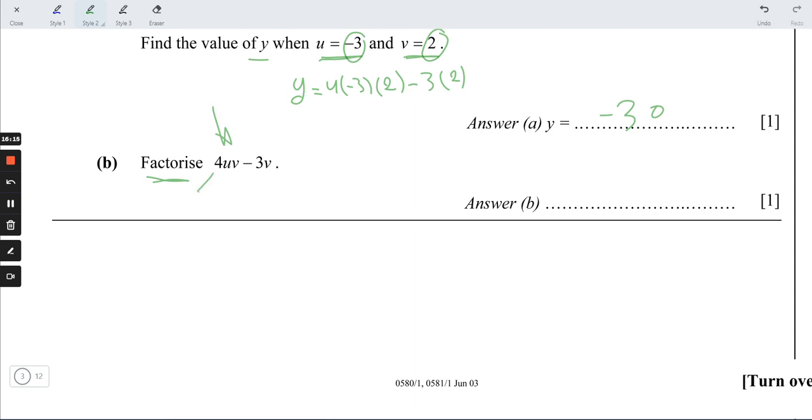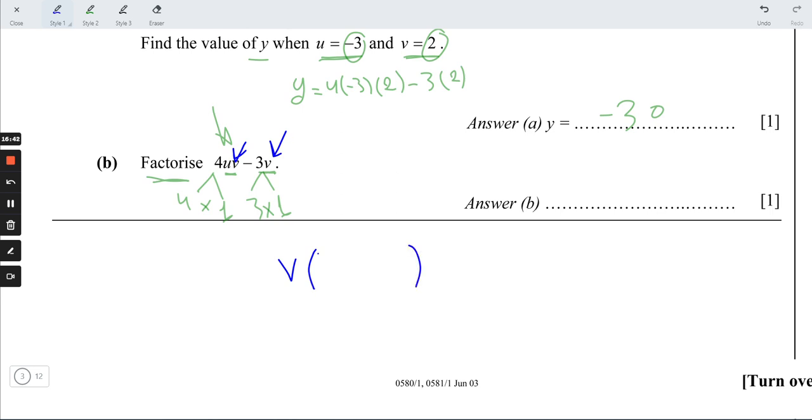We know that 4 is 4 times 1, which means there is no highest common factor other than 1 between 3 and 4. So 3 and 4 will be inside the brackets. Now we have uv here and we have just v, so the highest common factor in this case is v. So you will take v out of the brackets.